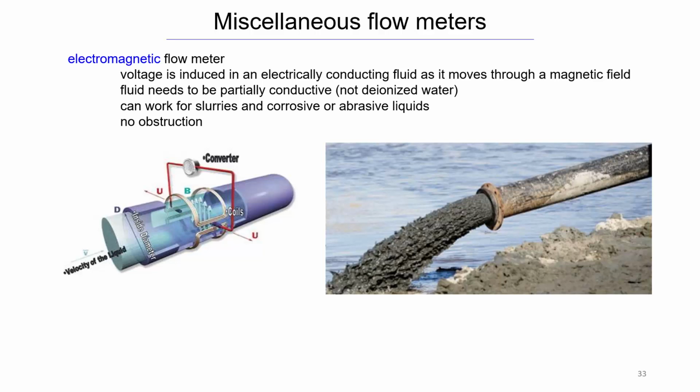And the strength of that is related to the flow of the fluid. So you can use it in slurries and corrosive or abrasive liquids. There's no energy losses. There are a lot of big advantages to this type of device.